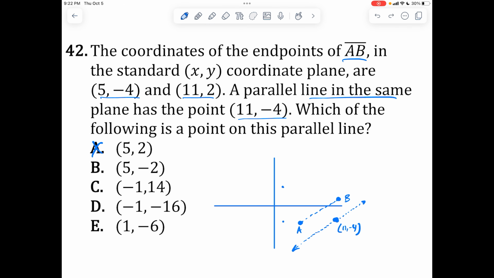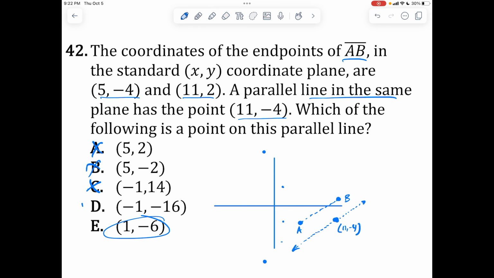So that definitely will not work. Negative 1, 14 is up here. Nope. Negative 1, negative 16 definitely could work. 1, negative 6 might work as well. Let's try 1, negative 6.